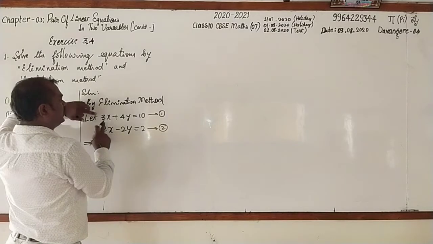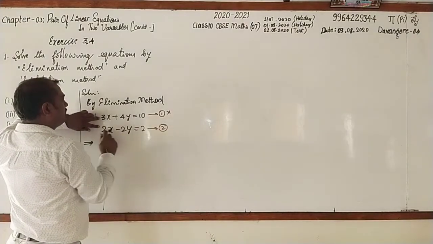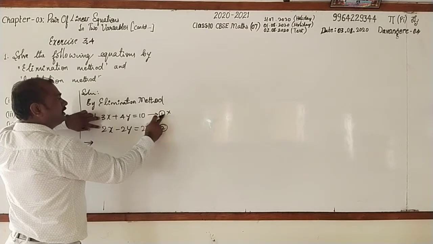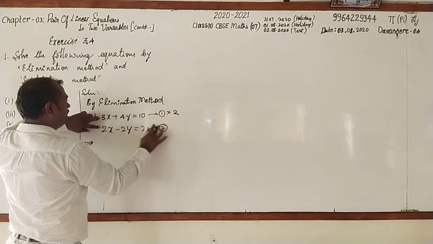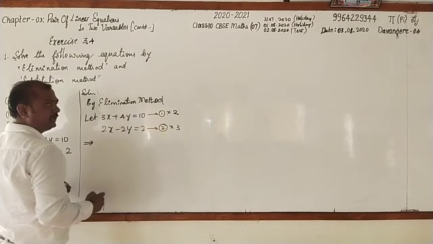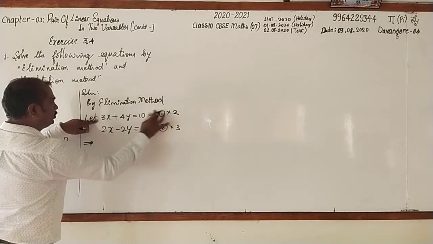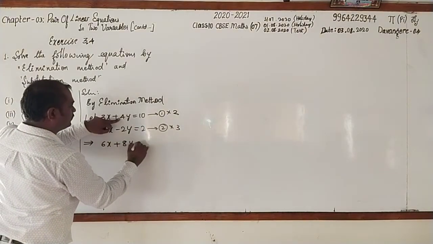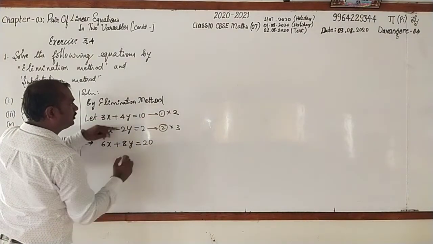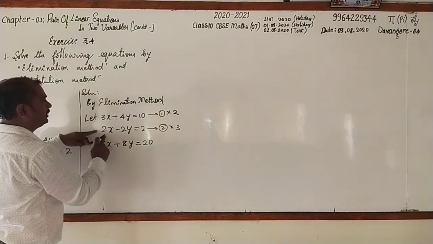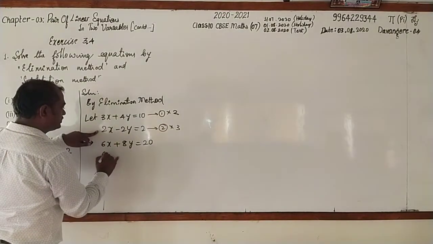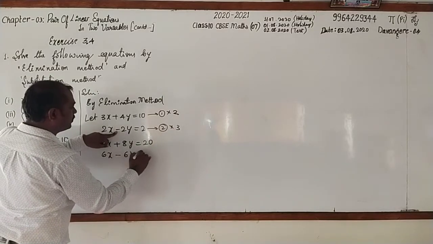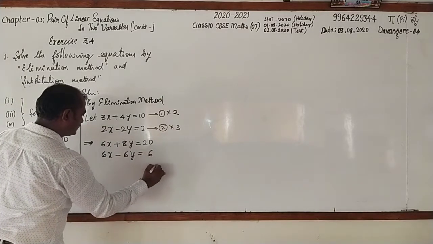So you can go for any one. Say, let us eliminate x, so I am multiplying equation 1 by 2 and equation 2 by 3. Multiply. 2 3s are 6x, 2 4s are 8y, 2 10s are 20. Is it not? Next, 3 2s are 6x minus 3 2s are again 6y, 3 2s are 6.